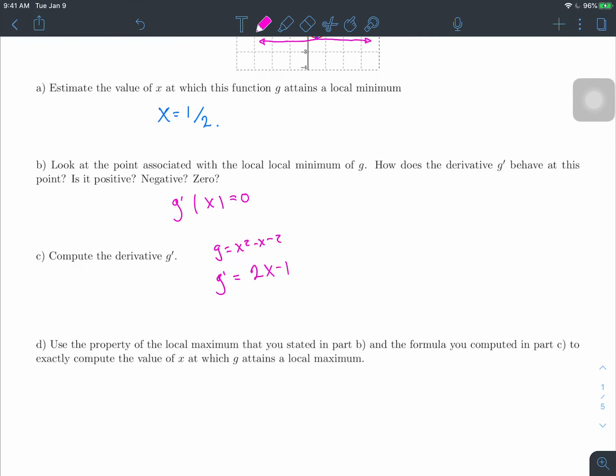And now we're supposed to use the property of the local minimum that you stated in part B, and the formula that we computed in part C, to exactly compute the value of x at which g attains a local minimum.